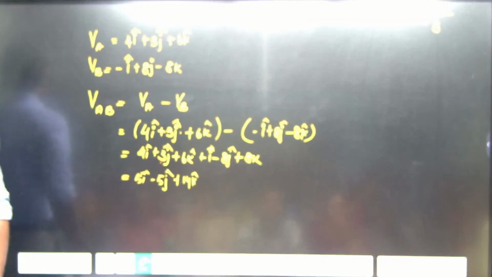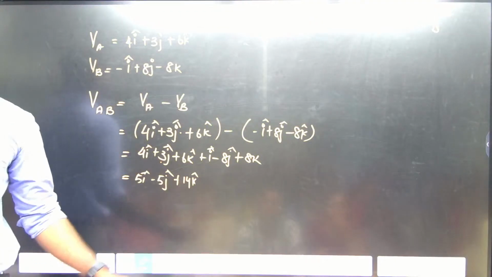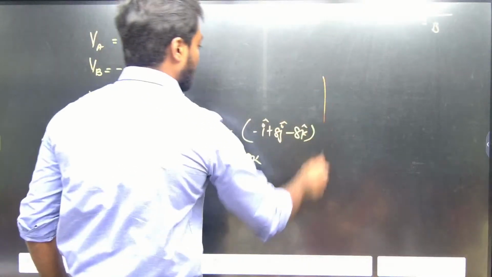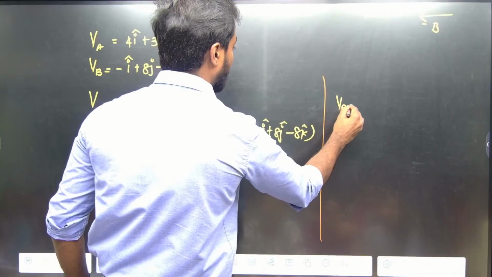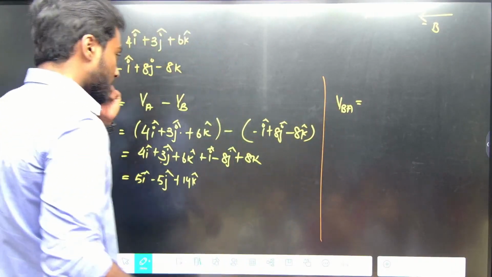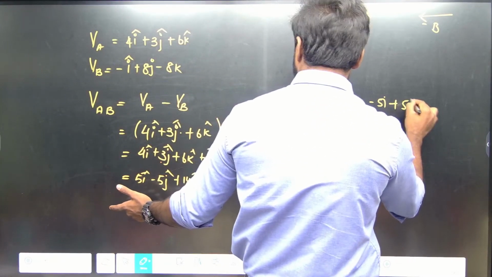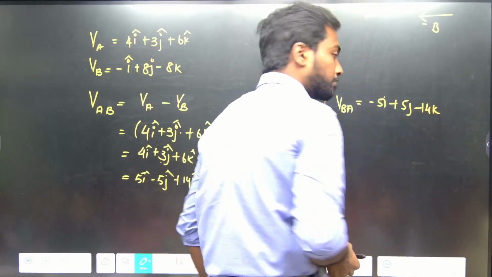Any doubts here? Have you got the answer for this one? So what will be the answer for the velocity of B with respect to A then? It's the opposite of that, minus 5i plus 5j minus 14k.